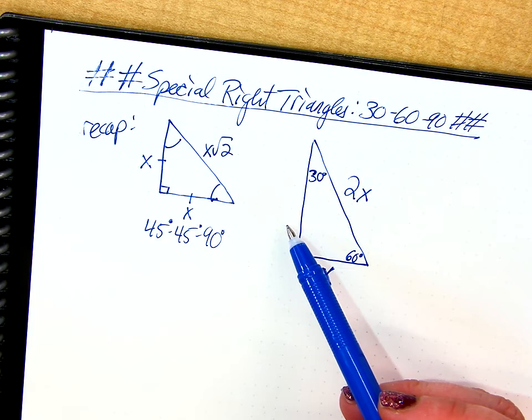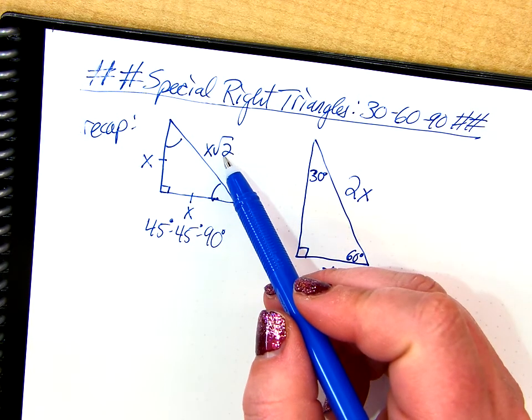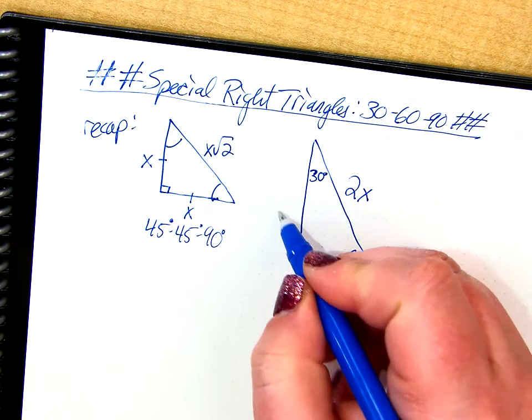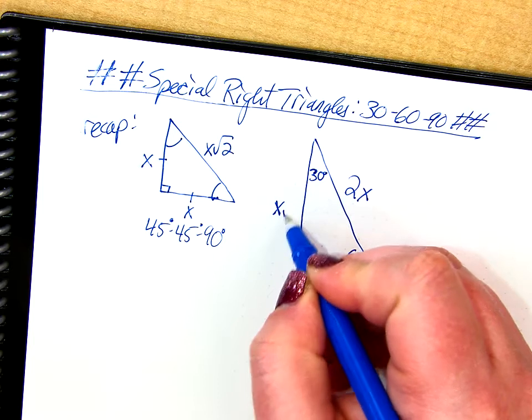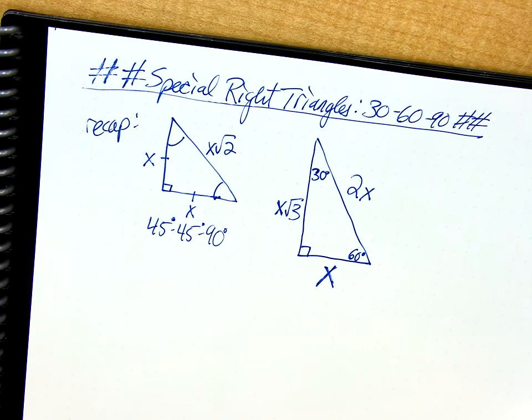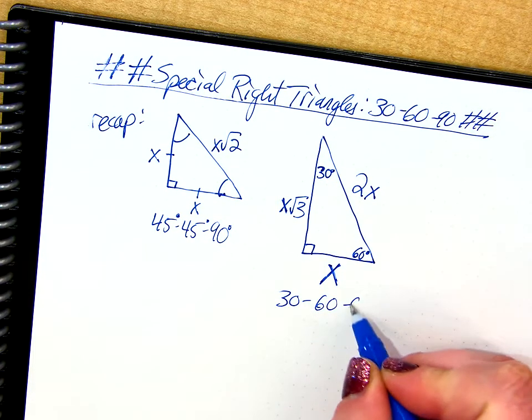That's the one that's a little weird. See how this one was x times the square root of 2? This is going to be x times the square root of 3. So that is your 30, 60, 90 triangle.